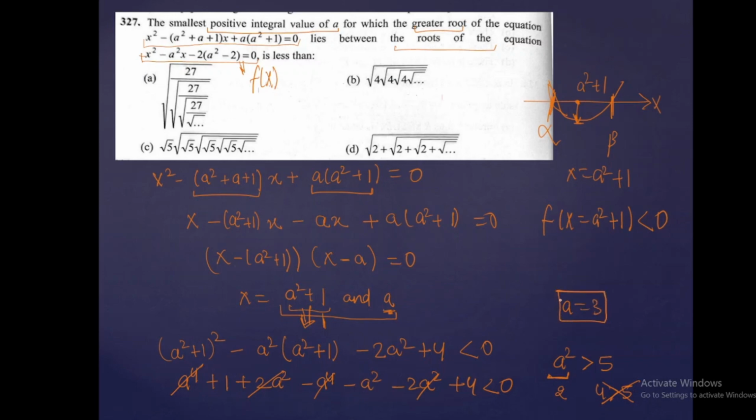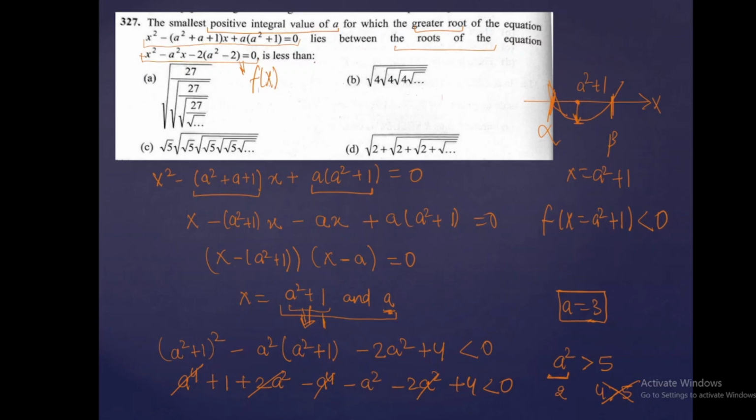So we need to find the smallest positive value of a for which the greater root lies between the roots of the equation.